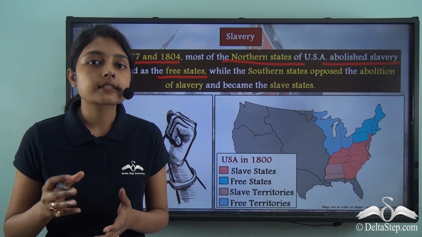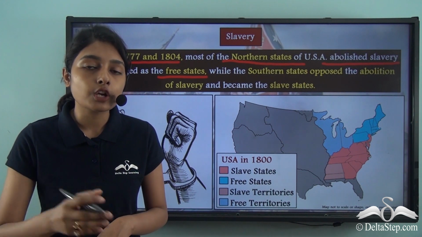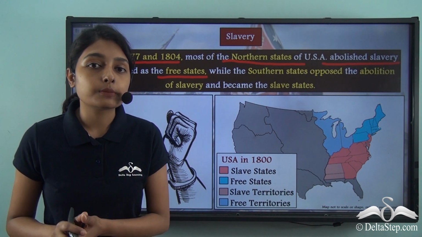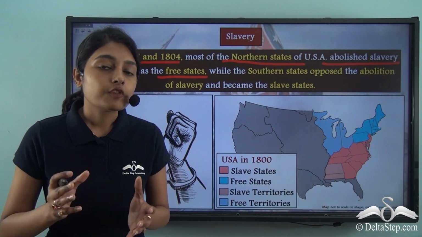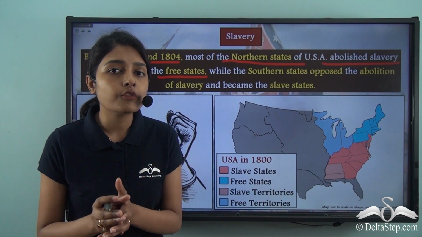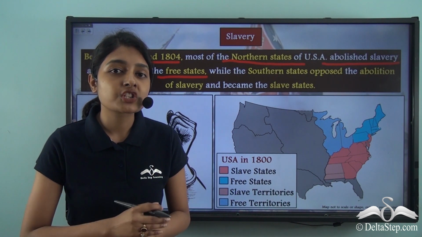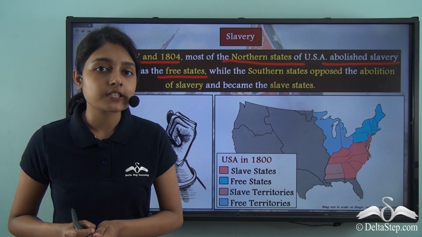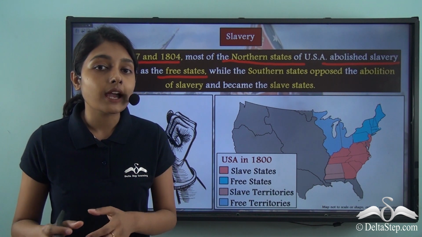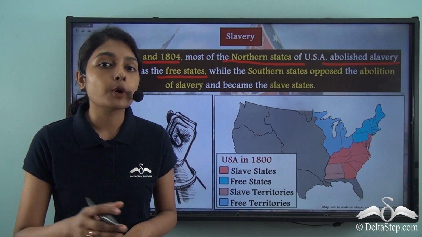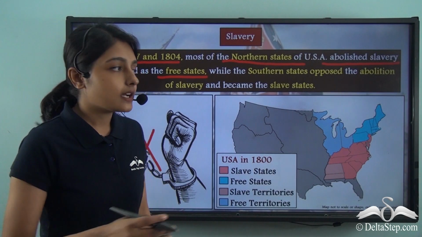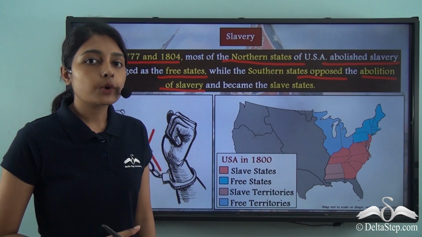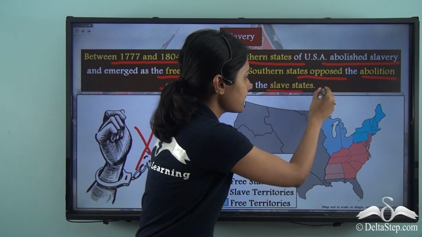While on the other hand, the southern states had established their economy in such a way that they relied heavily on the unpaid labor that the slaves rendered, which is why the southern states were in no way intending to abolish slavery. They profited a lot from this practice of slavery. So it was for their own good that they did not support this abolition of slavery. So the southern states opposed the abolition of slavery, and they now came to be known as the slave states.